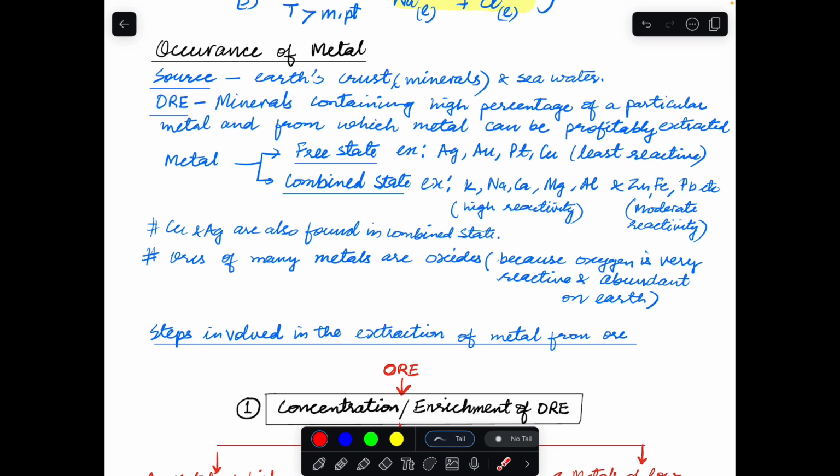So metals of low reactivity or no reactivity, which are least reactive, are found in free state. These are the examples. And in combined state, we have the rest of the metals of very high reactivity or moderate reactivity. Copper and silver are of very low reactivity, but they are also found in combined state. So don't get confused. And ores of most of the metals are oxides.